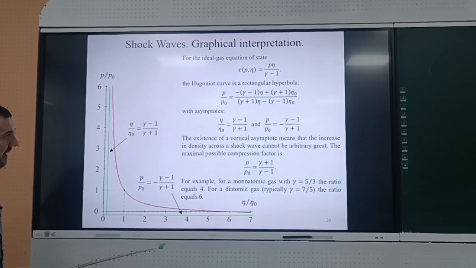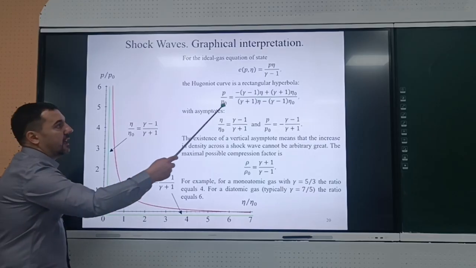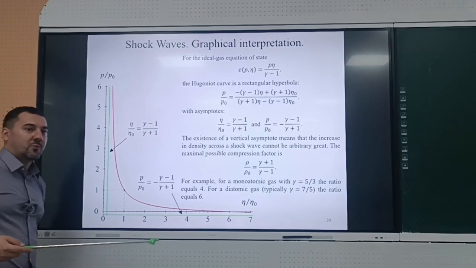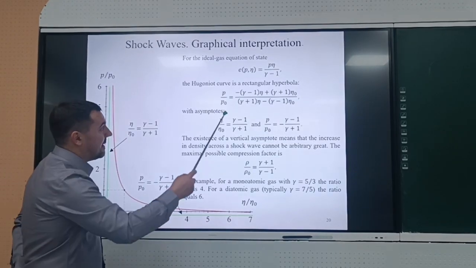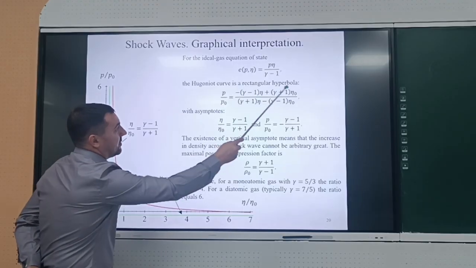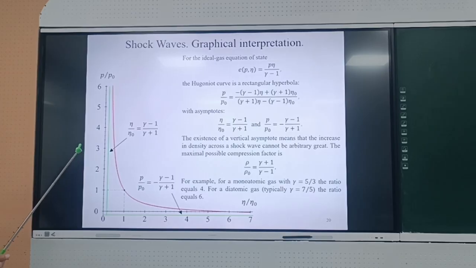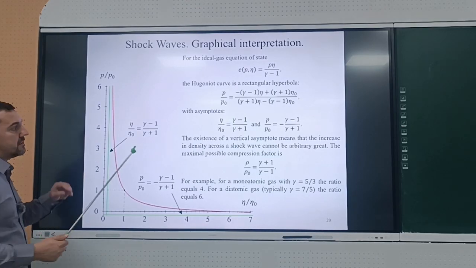And it turns out that this is a rectangular hyperbola. This is a function from school. It's a hyperbola, P over P0, and moreover, it's rectangular because this hyperbola has two asymptotes.